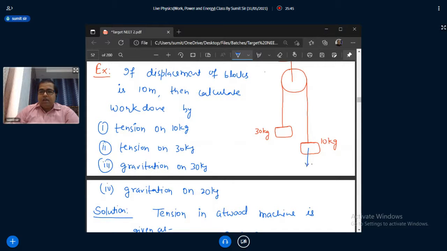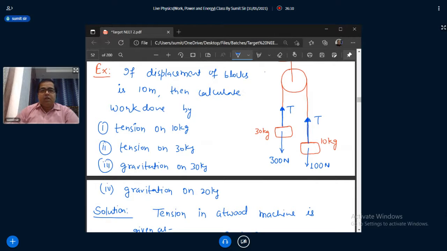It's 100 Newton due to gravity here. It's 300 Newton due to gravity here. Tension. Here we have tension.